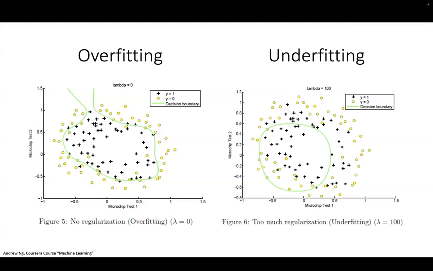Kasi this model is well suited only for this data set. At sobrang perfect niya for this data set na pag nag-introduce ka ng bagong data point, posible na hindi siya fit, na yung model na yun will not fit the new data point kasi fit lang siya for this data set. So if that is the case, you call the model, or the model overfits.